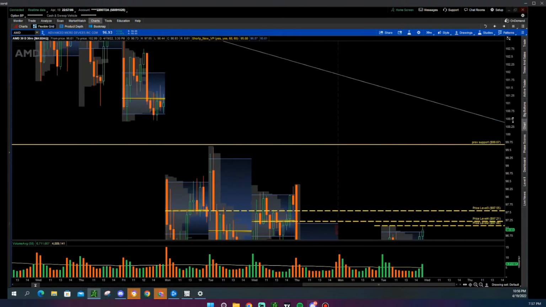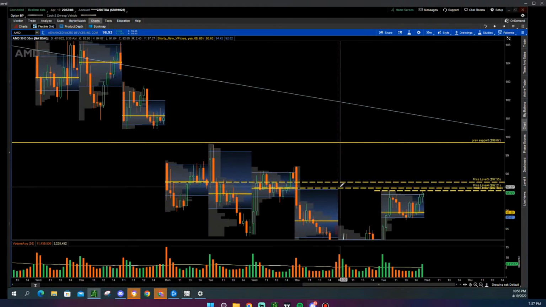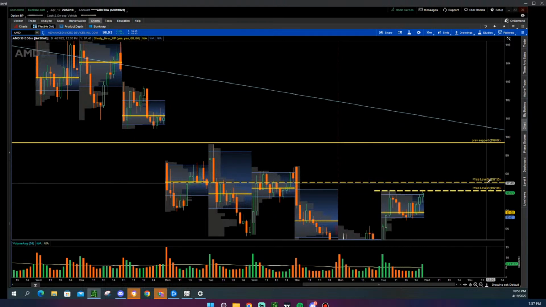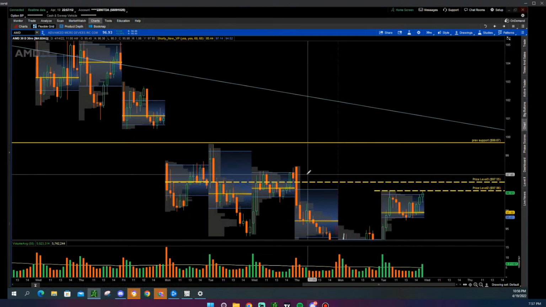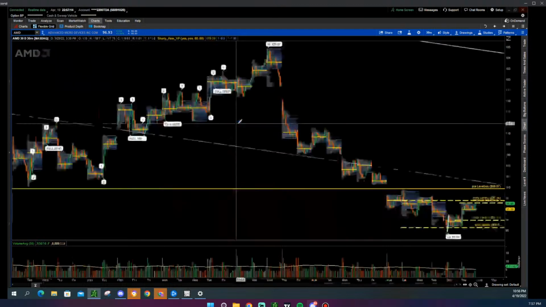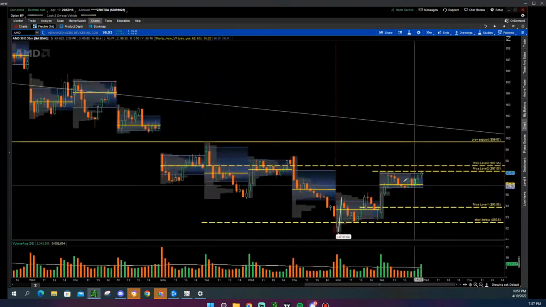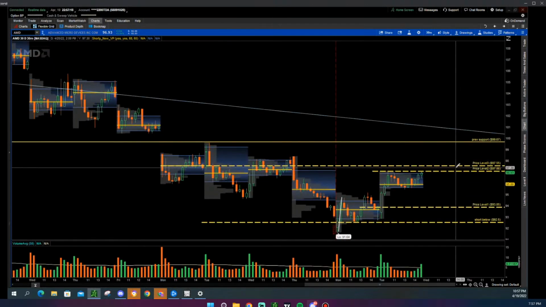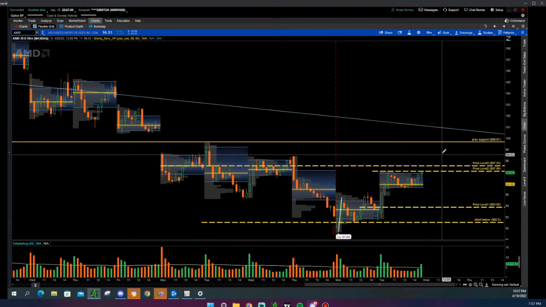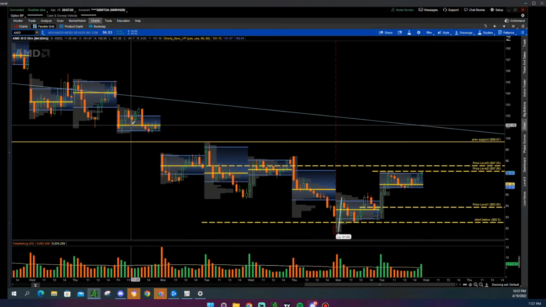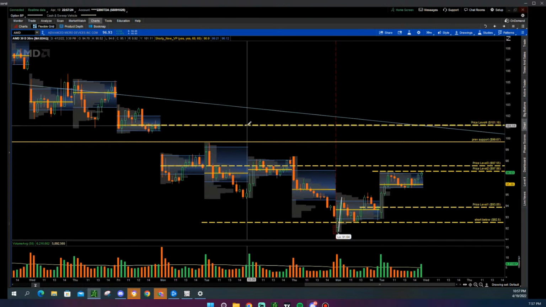What is that level? 97.21, and then the other level here, 97.55, which might surprise them quite a bit. So the entry should be 97.55, and then we have a VPOC here at 101.